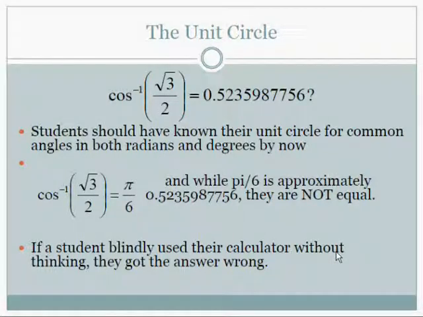So if a student just shoved this into their calculator, saw that 0.52359, etc., and said it was true, well, they got the answer wrong, because I did not use approximation, I said equals. And I had emphasized that plenty of times in the course. One of the first things in class that I asked was, is pi equal to 3.14? Half the class still said yes, after which I quickly corrected them. So the correct answer is exactly pi over 6, not this decimal equivalent.